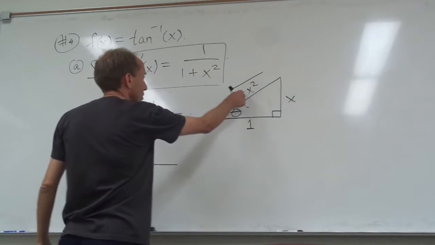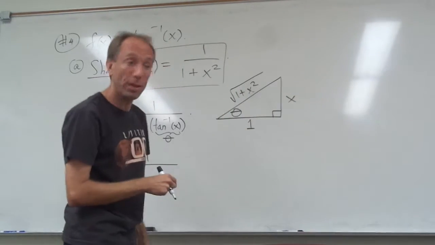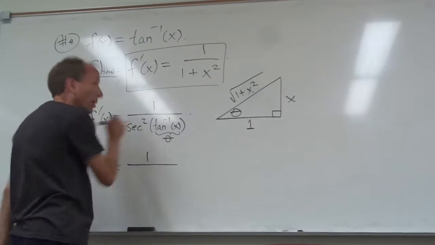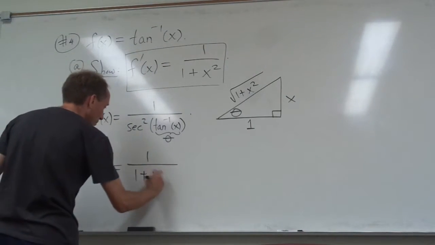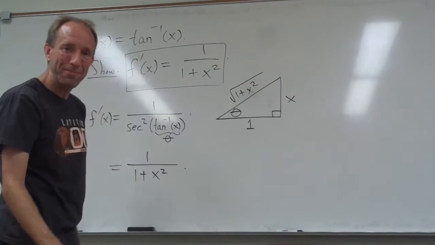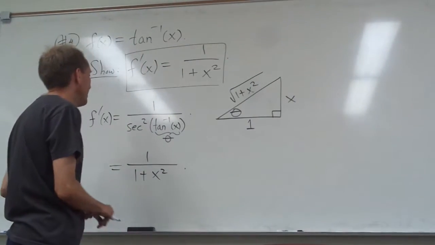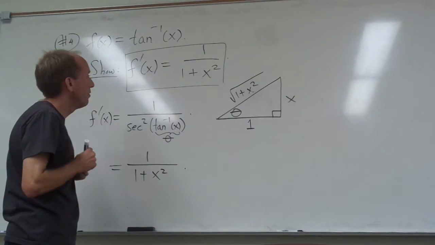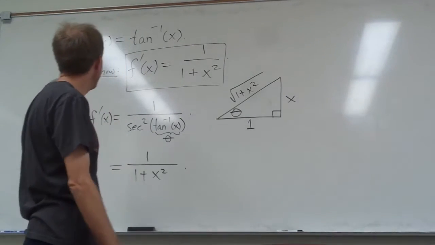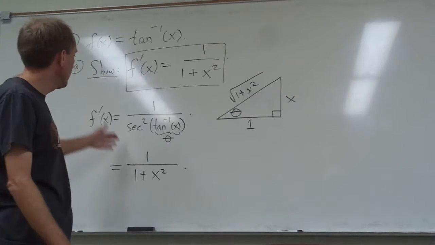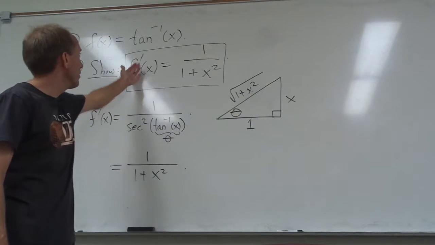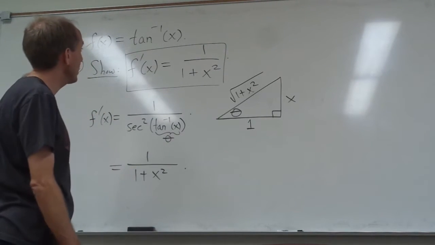That's the square root of 1 plus x squared, and then you're squaring that, so you just get 1 plus x squared on the bottom. It's just coming from this triangle. So it's a little bit of trig and geometry, amazingly enough, in this problem, but that is an excellent way to prove that the derivative of f of x is 1 over 1 plus x squared.